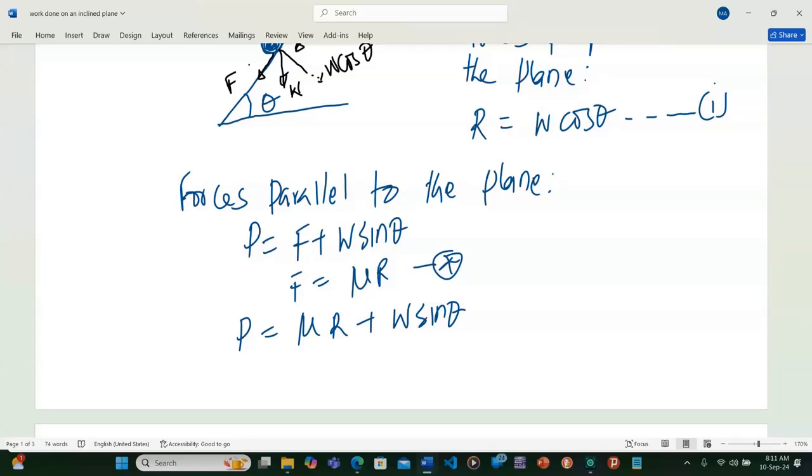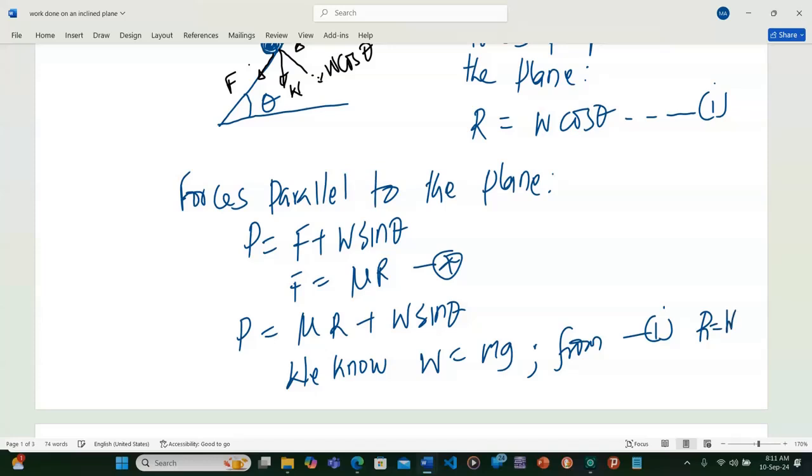But we also know W is equal to mg, mass times acceleration due to gravity. But also from equation 1, R is equal to W cos theta.